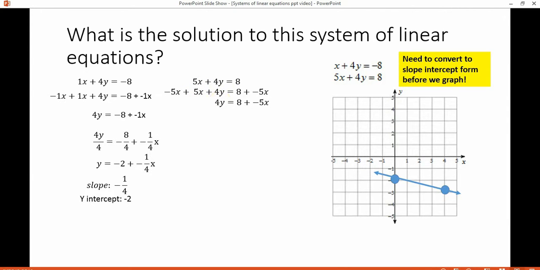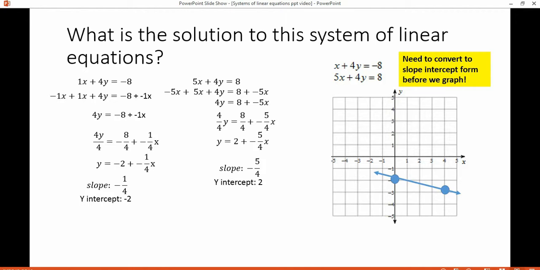After that, I'm going to find that 4y is equal to 8 plus negative 5x. I'm going to divide each side by 4 to get rid of the 4 that's being multiplied to my y. This will leave me with y equals 2, which comes from 8 divided by 4, plus negative 5 over 4 x.